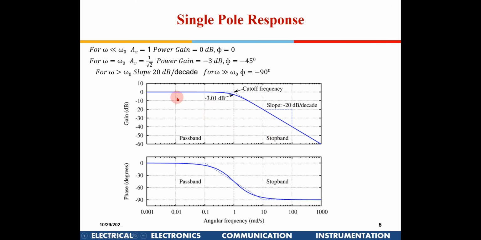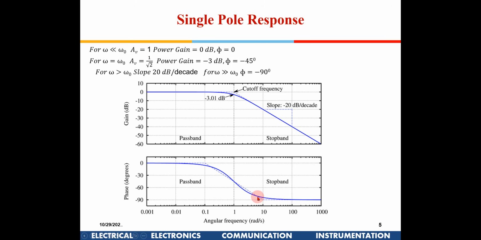Now if I see this plot, this is the gain plot, the magnitude of the gain, and this is the phase. Initially it is 0 dB. At cutoff frequency it is minus 3 dB, and the phase is minus 45. At a very large frequency, the slope is minus 20 dB per decade, and the phase gets stabilized.